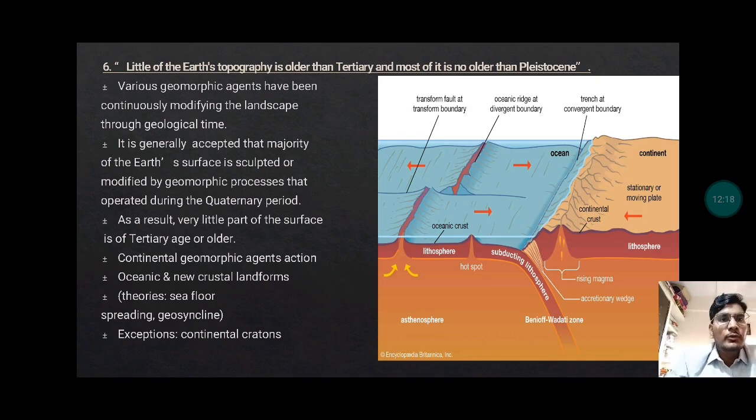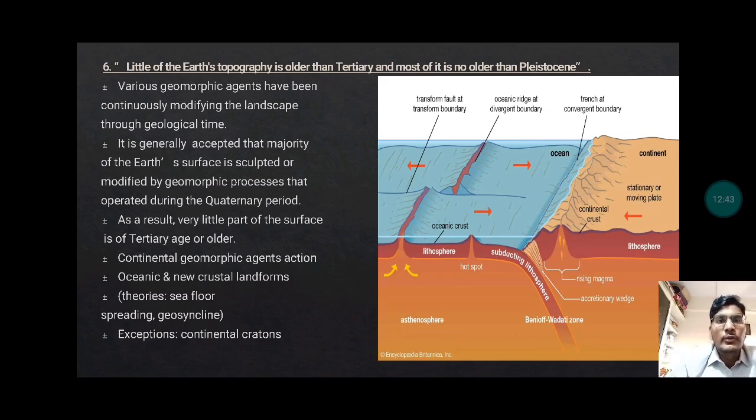And if someone moves away from these mid-oceanic ridges, then the age of those landforms increases towards the trenches. So this showed that most of the topography of the oceans is not older than the Pleistocene. This is one of the important examples regarding this principle.